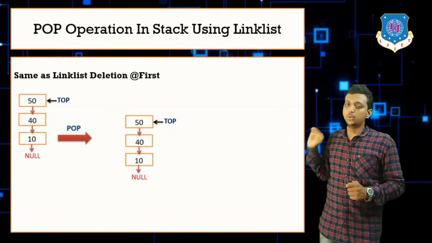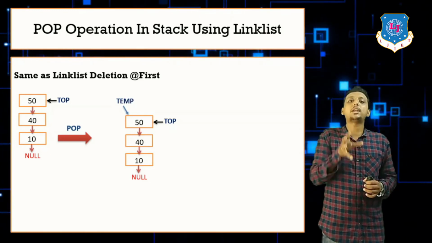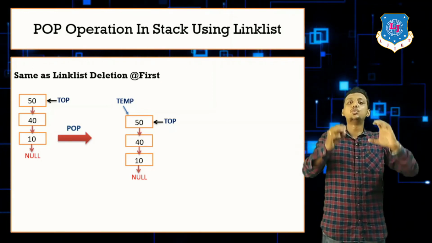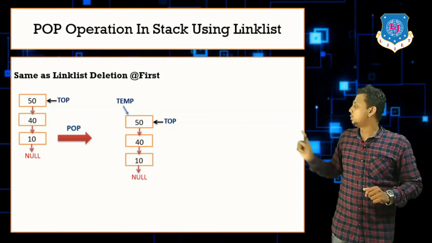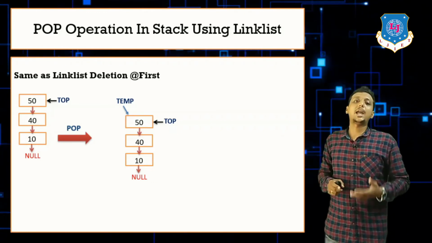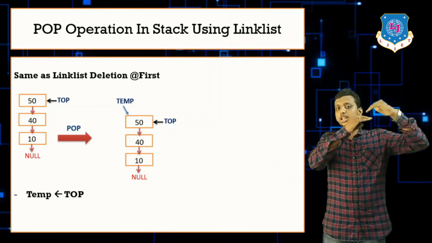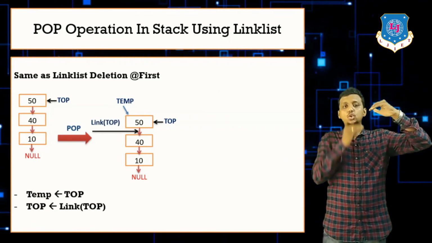Top will go down. But before removing that, we are going to assign a temporary pointer, because after removing a node, we need to move it to the availability stack. So first, I need to initialize temp, like temp arrow top. Here it is, the first step: temp is pointing at top. In the second step, top will point to link of temp.